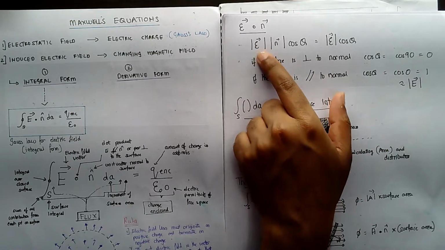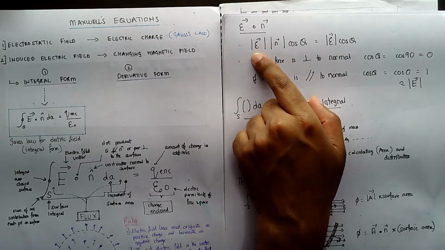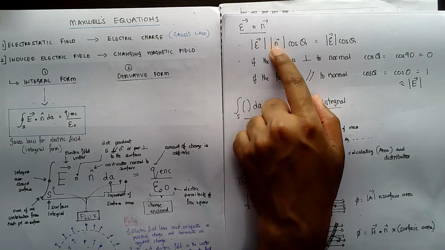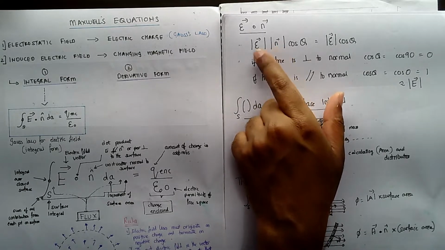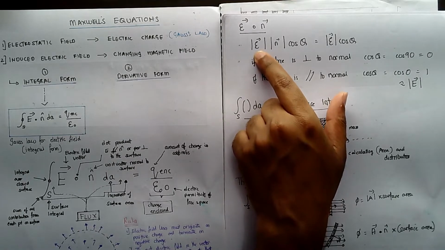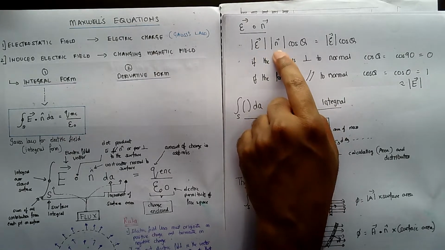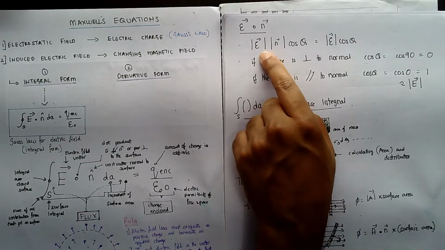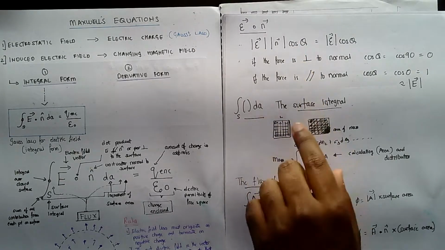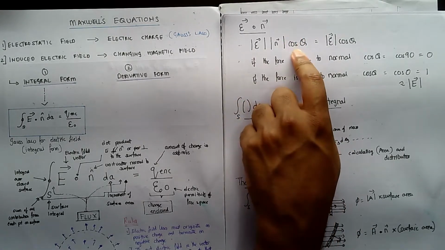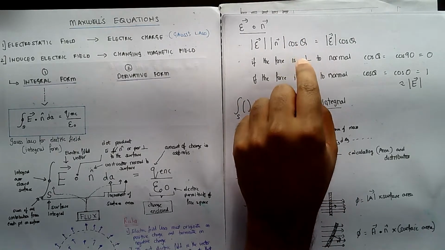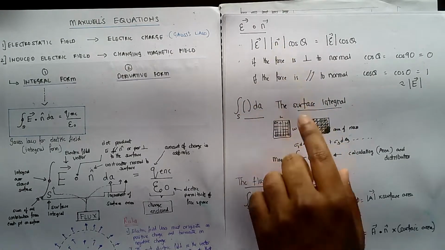So you're basically trying to calculate the resultant magnitude of the electric field. And if it's normal, it's going to be the full electric field's magnitude. And if it's not parallel to the normal, then it's going to be weakened by a factor of cos theta, basically the angle it makes to the normal.